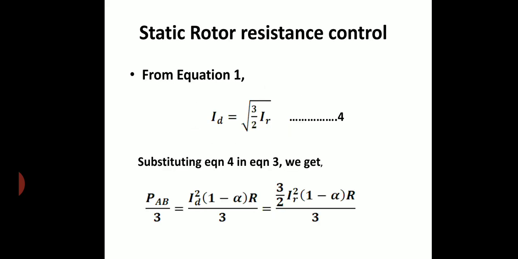From equation 1, ID equals 3 by 2 IR whole root, the fourth equation. Substituting equation 4 in equation 3, we get PAB by 3 equals ID squared (1 minus alpha) R by 3 equals 3 by 2 IR squared (1 minus alpha) R by 3.